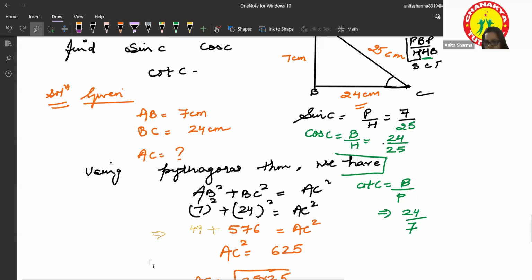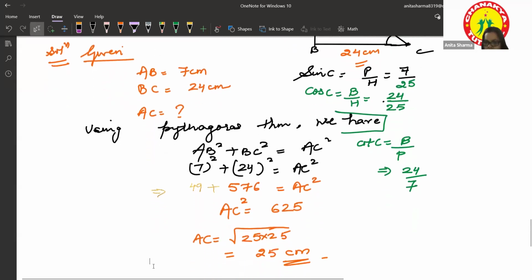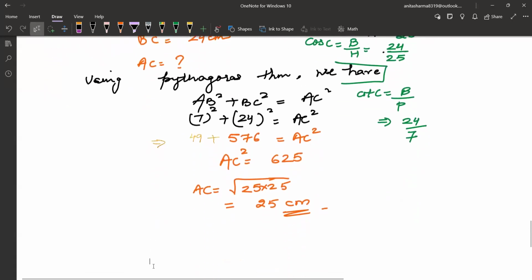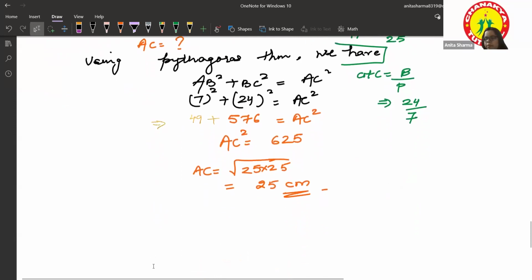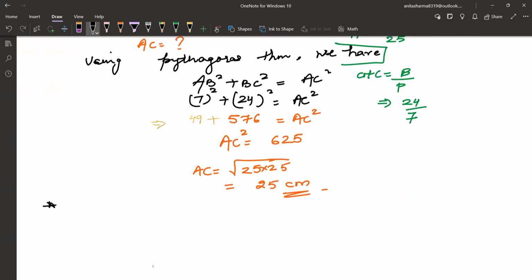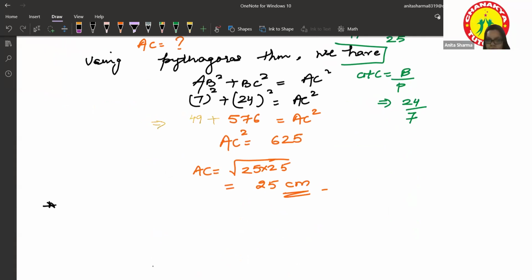Anurag, have you understood? Yes, ma'am. Okay. Children, kindly turn on your cameras. Yeah, now next question. So, again, a right angle triangle is there.